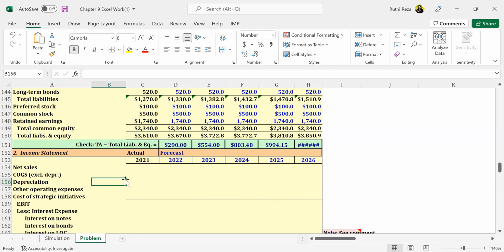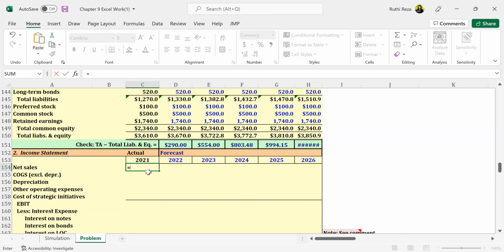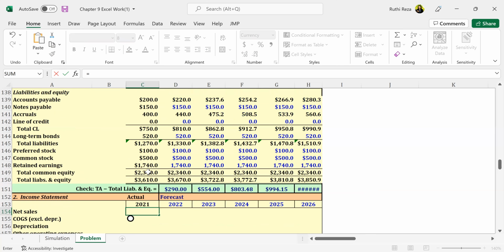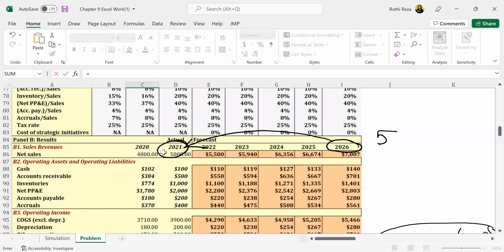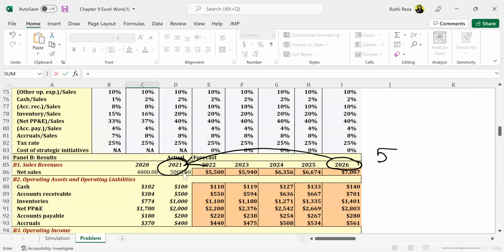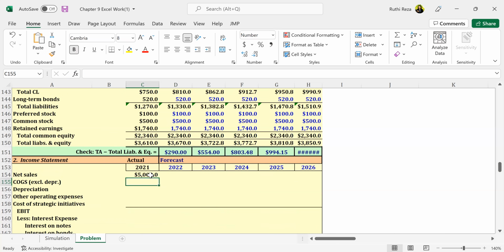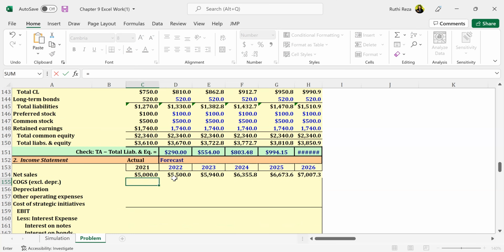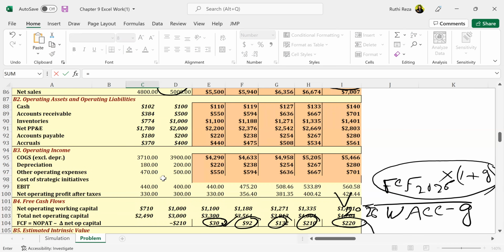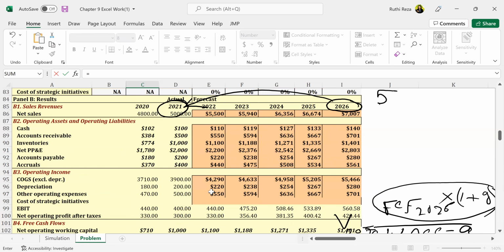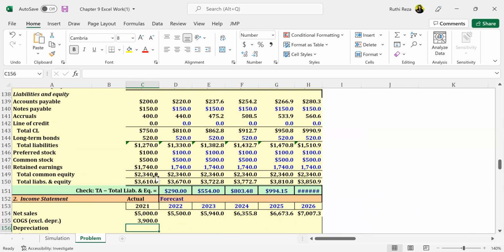Now let us forecast our income statement. Net sales, then cost of goods sold, depreciation, and other operating expenses.